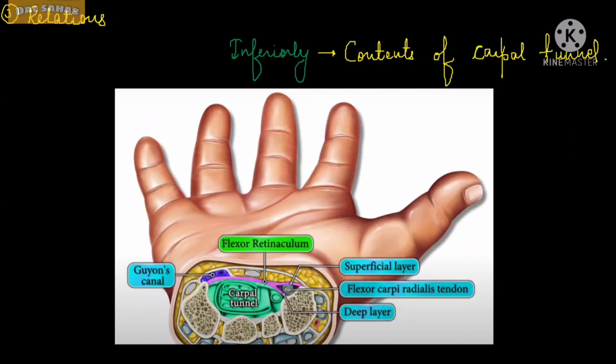All right. So what are the contents of carpal tunnel? That we'll discuss later on. I'll make a separate video on carpal tunnel where we'll discuss carpal tunnel syndrome. So for now, just remember that the inferior relationships of flexor retinaculum are the contents of carpal tunnel.